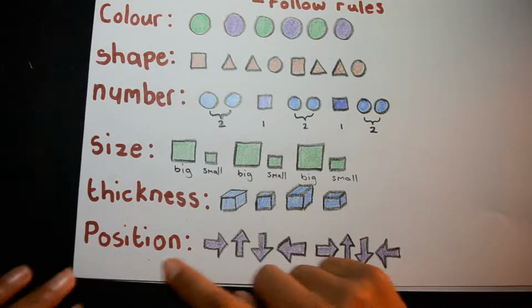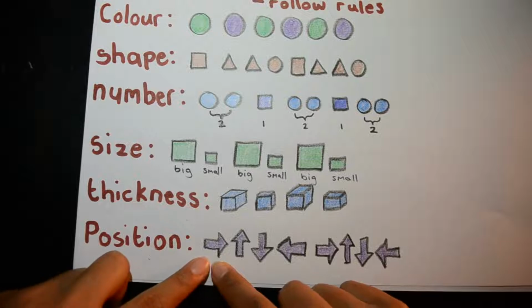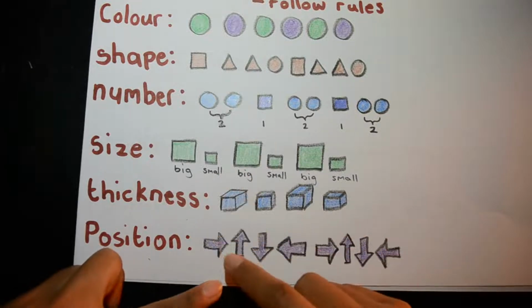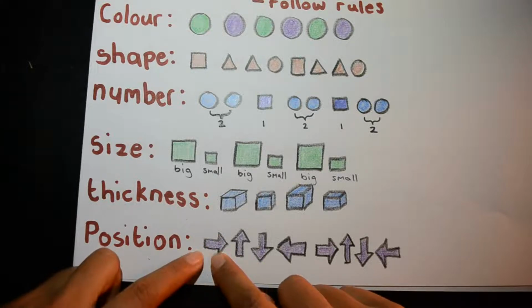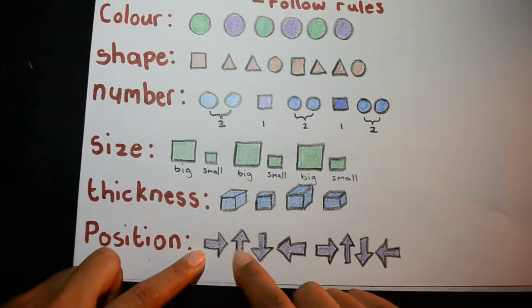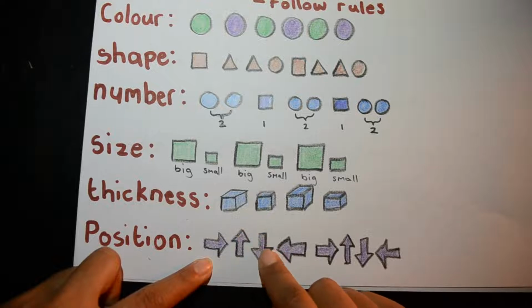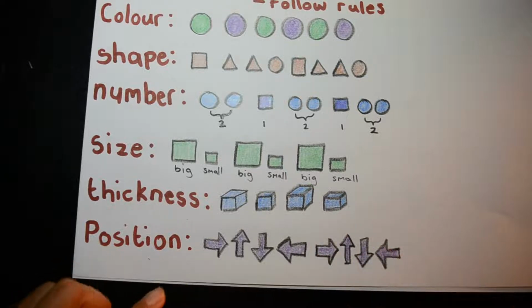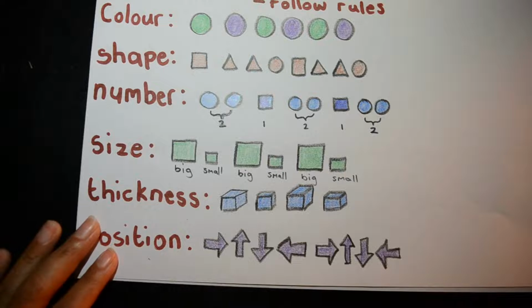Okay, position. Position is just basically saying which way is it going. Okay, so this position is to the right, then it's up, down, left. Then it repeats again, right, up, down, left. Okay, so those are some patterns for you.